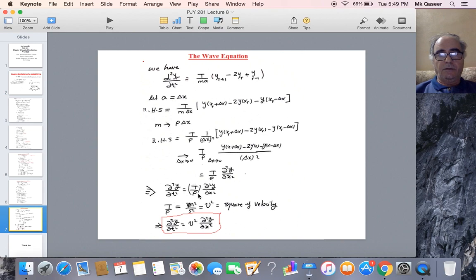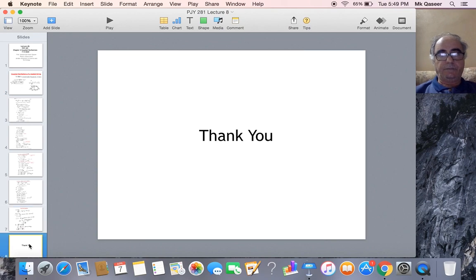Now if we look at this constant and make a dimensional analysis, it's the square of a velocity. It's meter square per second square. It represents the speed of the wave. Now this is the final expression for the wave equation. Thank you.